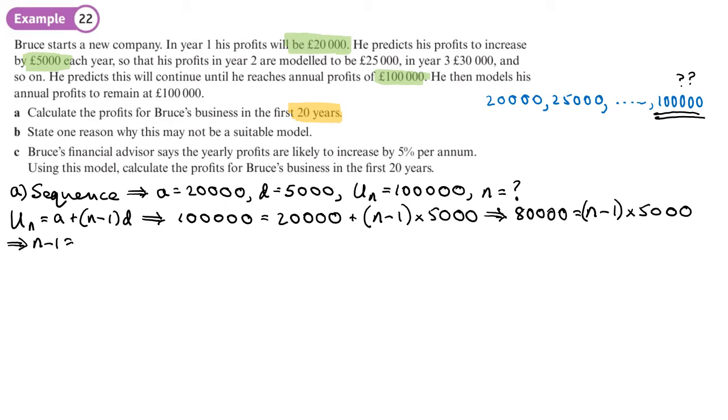So 80,000 divided by 5,000 is going to give us 16. So add 1 to both sides, n is 17. Right, so what does this tell us? It means that in the 17th year, Bruce will reach his maximum profits.